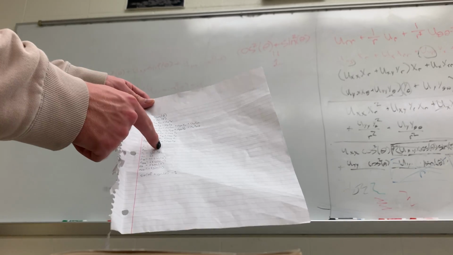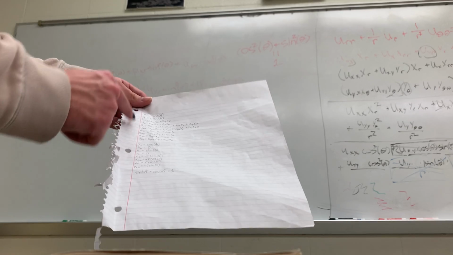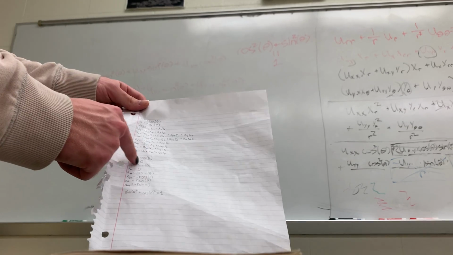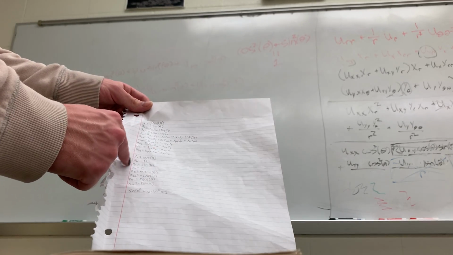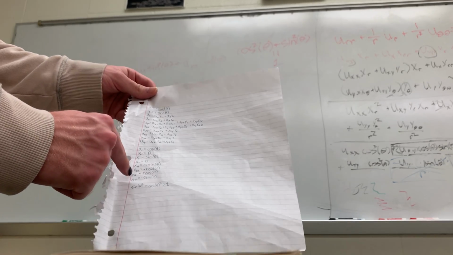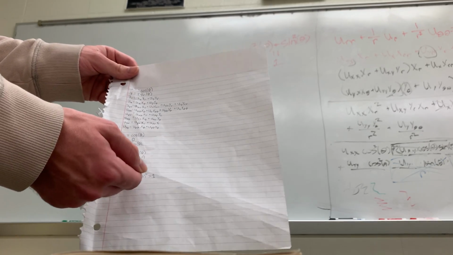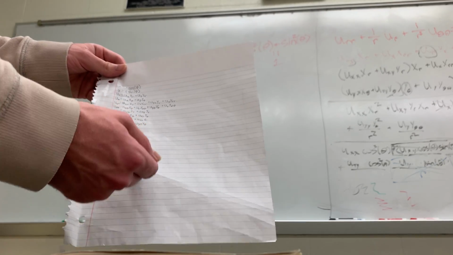And then down here, I have the derivative of x with respect to r, rr, yr, yrr, x theta theta, y theta theta. Then I also have the sine of theta squared plus cosine of theta squared equals 1.